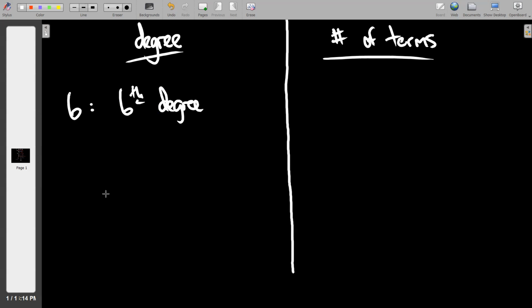But beyond 5, we just bail out. If I gave you 13 as the highest power of x, what would you say? It's just 13th degree. Clear? So there comes a point of bailout. You're required to use the fancy nerd talk up through 5, and after that, you just bail.